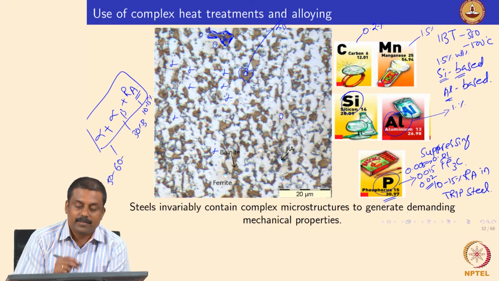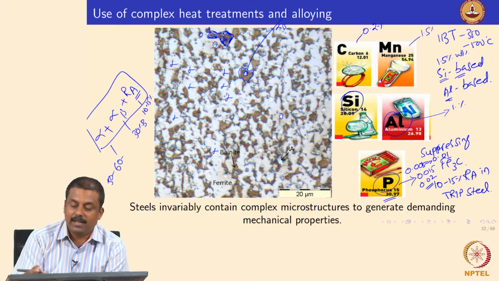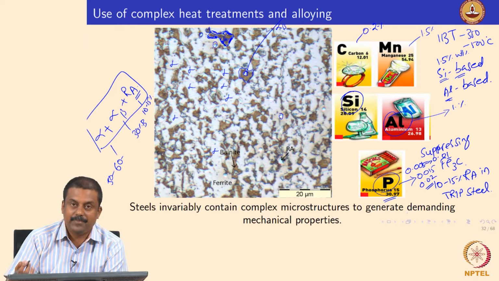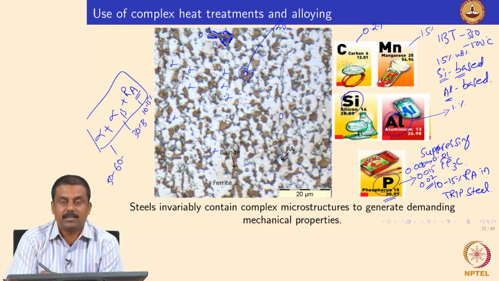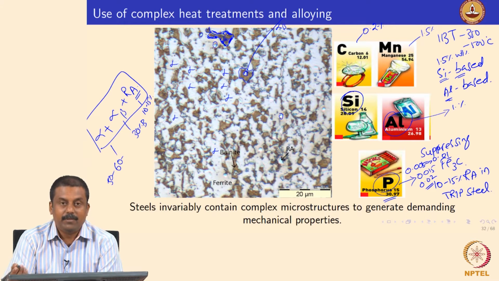Now the question arises: we have a very high amount of alloying elements, phosphorus, aluminum, silicon, all added to get such a microstructure. When you do welding, we cannot control the thermal cycle as we do here. Welding has one thermal cycle, and we cannot isothermally hold for a long time in a production process. In the automotive industry, time is money.